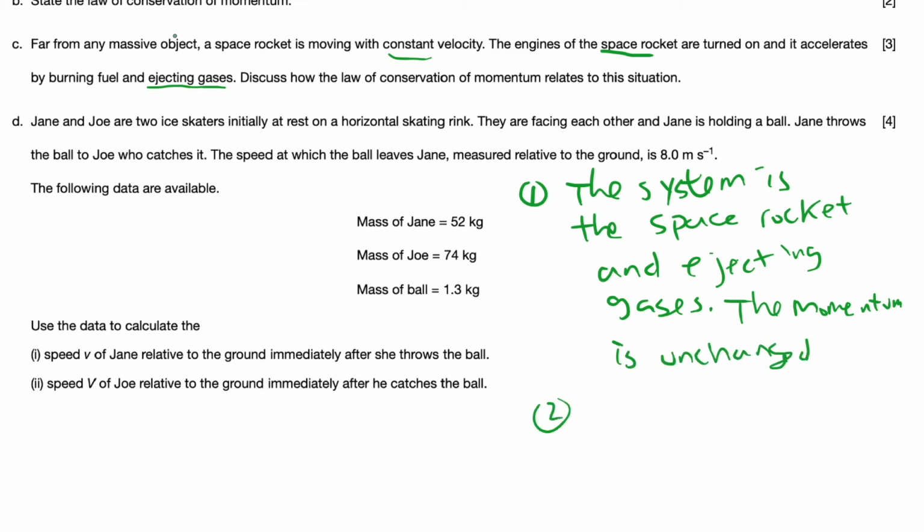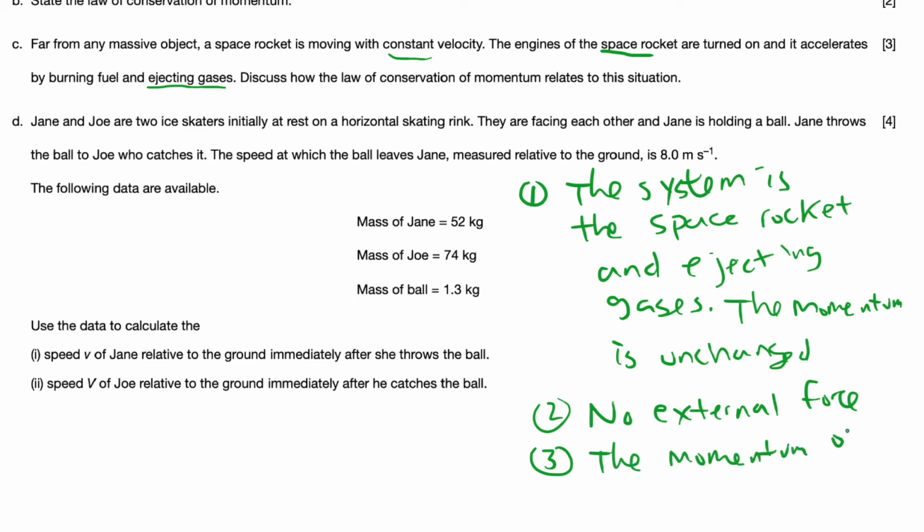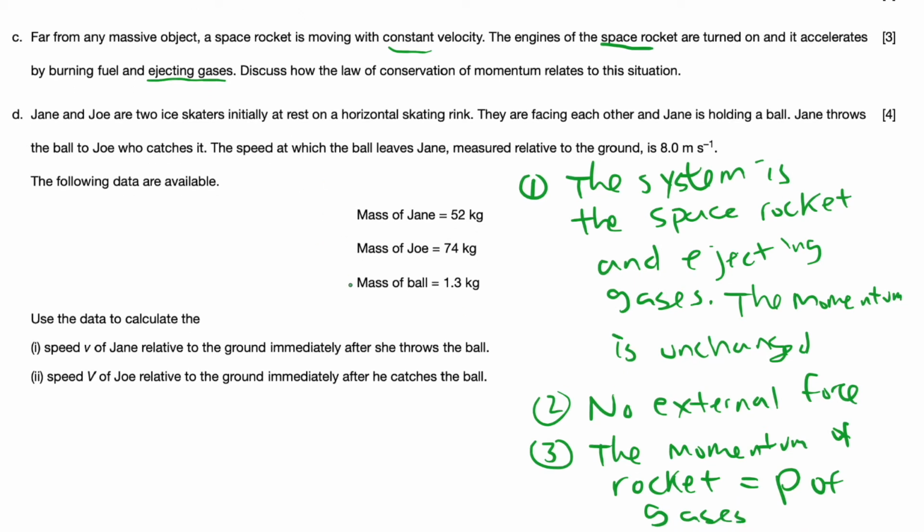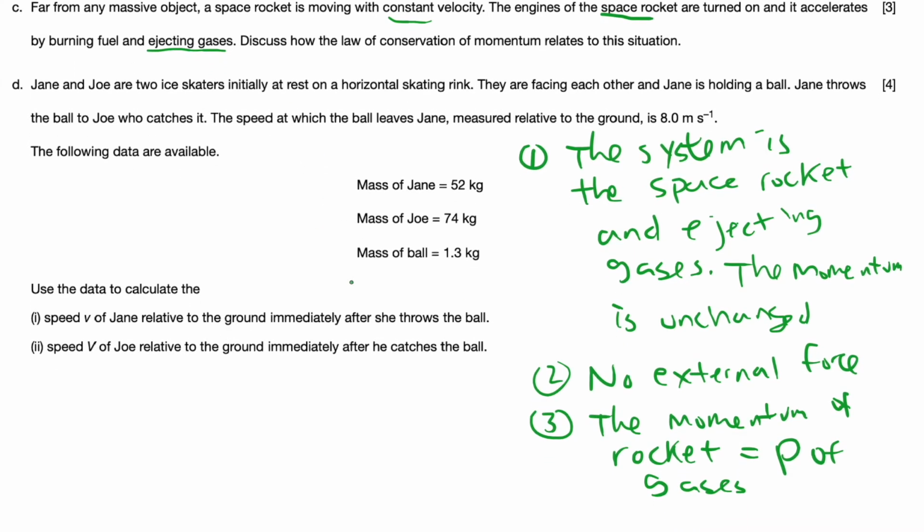And because it says it is moving at a constant velocity, there's no external force. And because of conservation of momentum, the momentum of the rocket must be equal to the momentum of gases. I'm going to write P to represent momentum. Right. So this is why the momentum of the system is conserved.